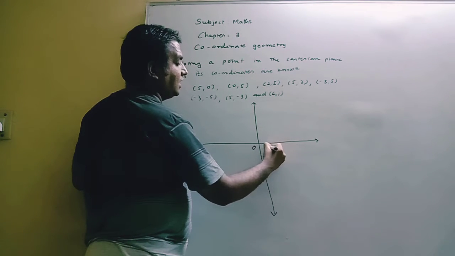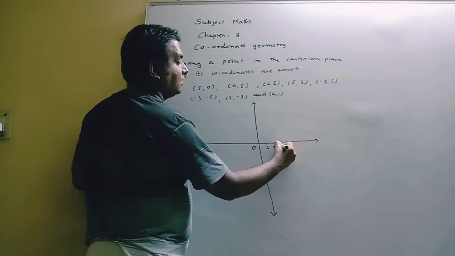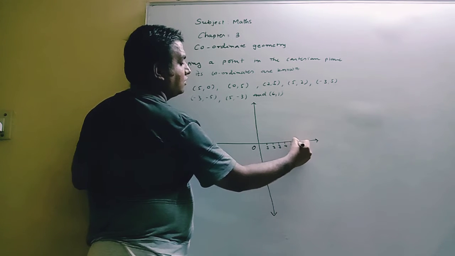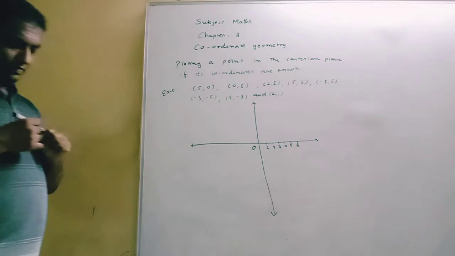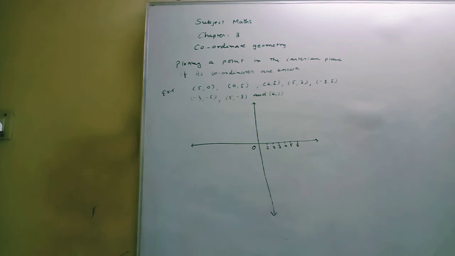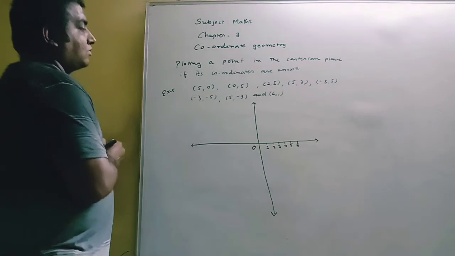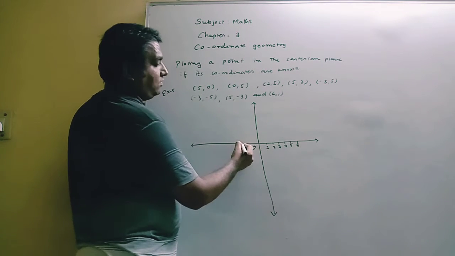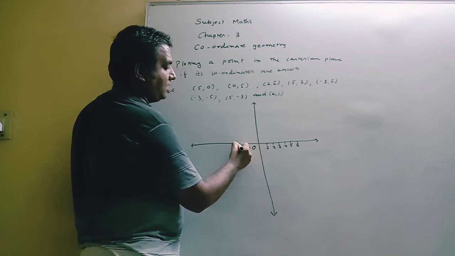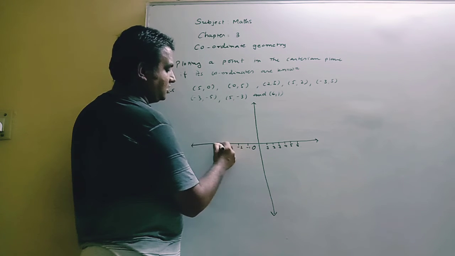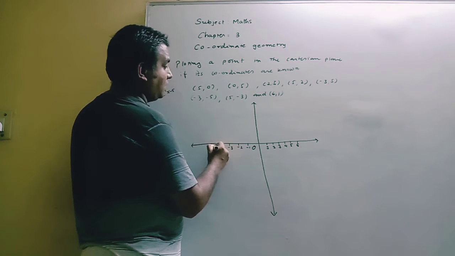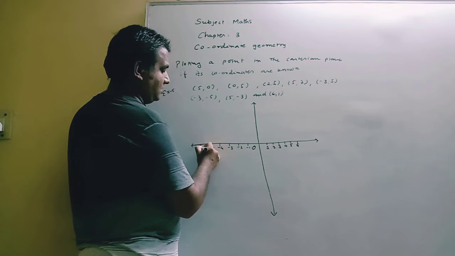On the negative side we have minus 1, minus 2, minus 3, minus 4, minus 5, minus 6.